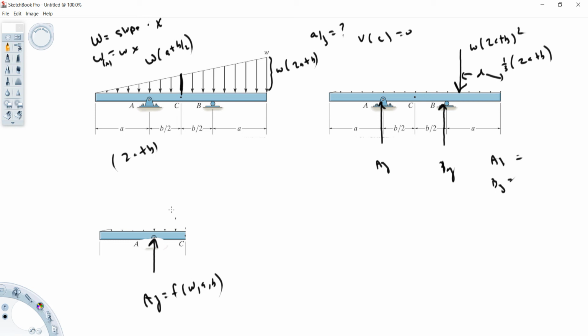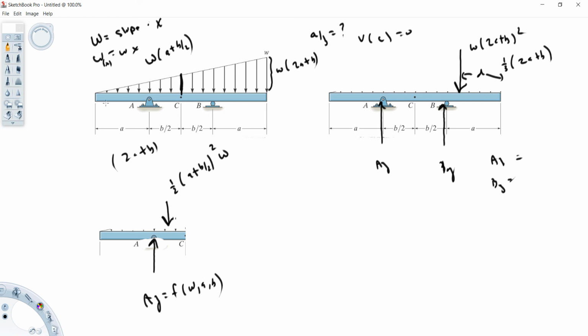And I think that's going to make the single force vector equal to this thing's area. That's going to be 1/2 times a plus b over 2 times this thing right here, which is going to be a w and another a plus b over 2, so that's going to be squared.